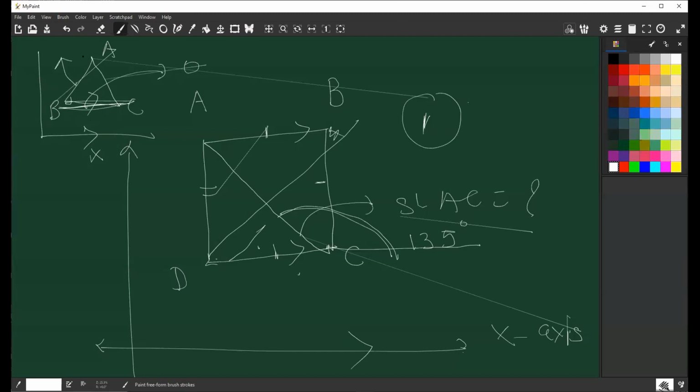What will be the slope of AB? Superb, square root of 3, because this inclination will be 60 degrees. And what is going to be the slope of AC? This will be 120 degrees. So slope AC will be minus root 3. Is that clear?